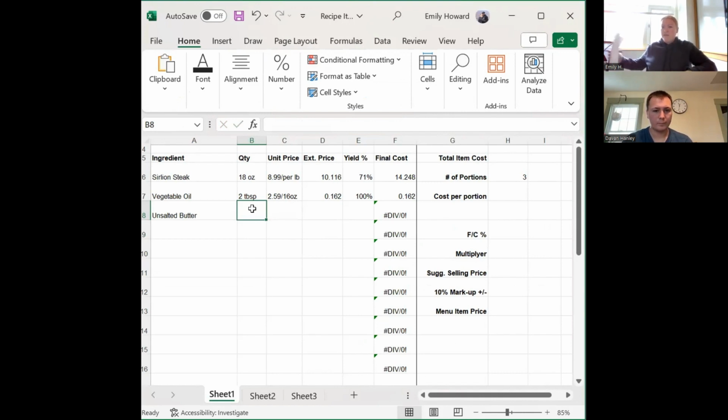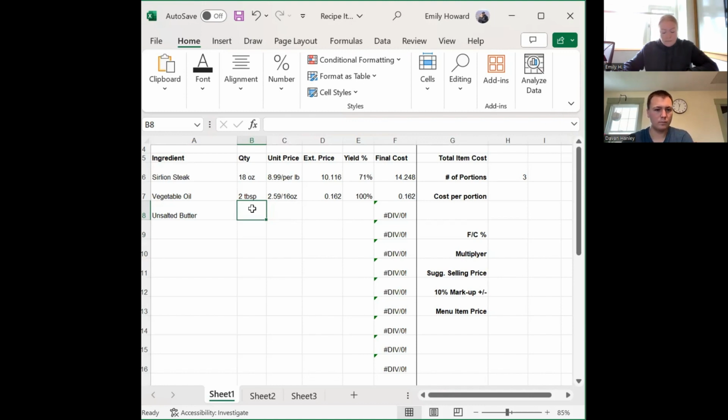So, hold on, don't tell me. Let me see if I can do it on my own this time. So 2 tablespoons is 1 ounce, and I need 5 tablespoons. Oh God, so that's, is it 2.5?